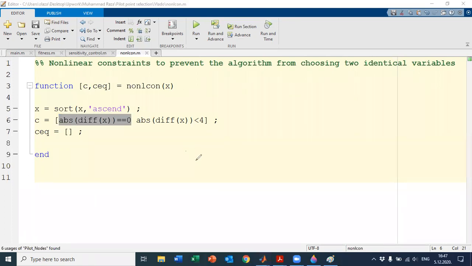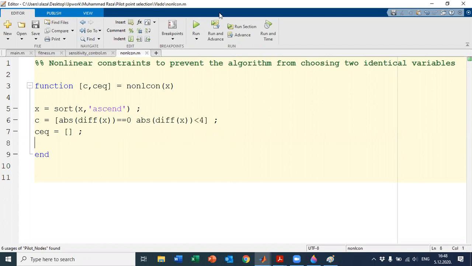If our vector x is equal to 1, 2, 3, 4, 5, that's okay. But the pilot nodes can't repeat, so we can't have two same pilot nodes. This is what this part of the equation does. And this second part of the equation is a nonlinear constraint.